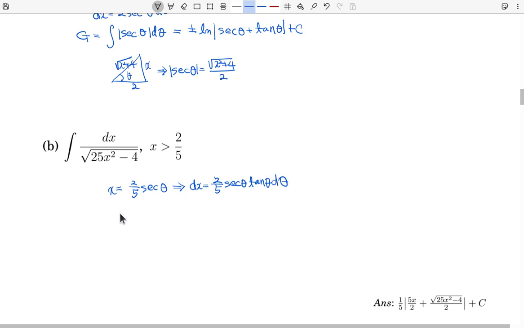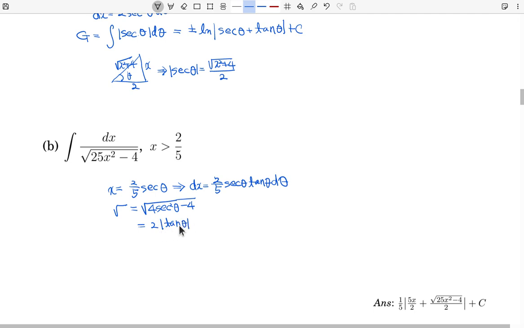Here, the inside of the radical, that square root, is the same as 25 times that squared, which will be 4 sec squared theta minus 4. So that must be twice the square root of sec squared minus 1, which is tangent squared theta, so the absolute value of tangent theta.